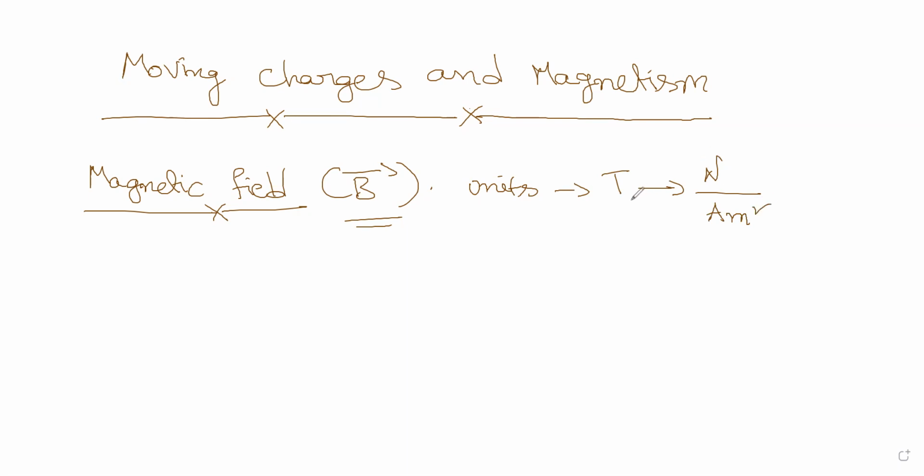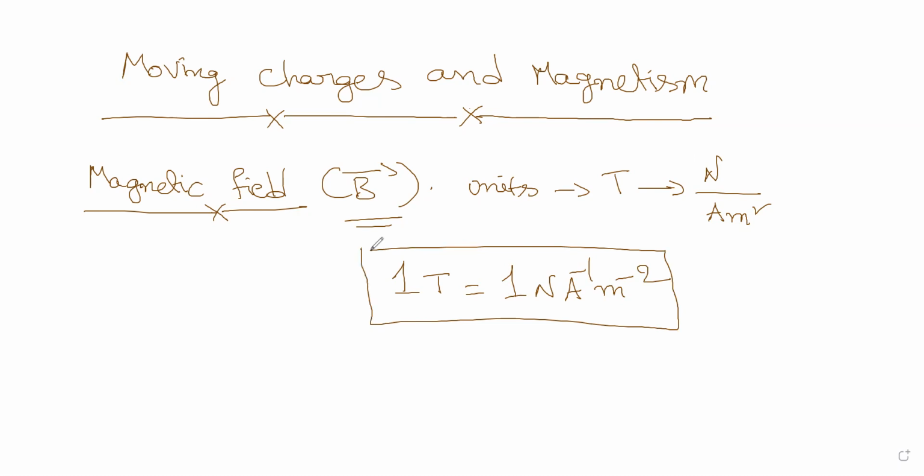Tesla means Newton by ampere meter square. 1 Tesla is 1 Newton ampere inverse meter power minus 2. This conversion factor you need to know first.